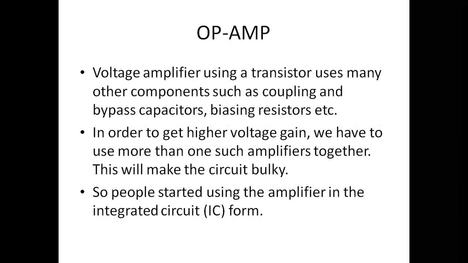So here we are using the amplifier. A voltage amplifier will consist of a transistor along with many other components like a bypass capacitor, biasing resistor, coupling capacitor. It means we can make a voltage amplifier by using the transistor, capacitors and resistors.